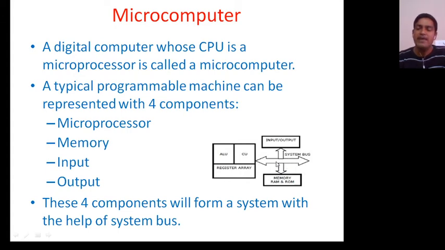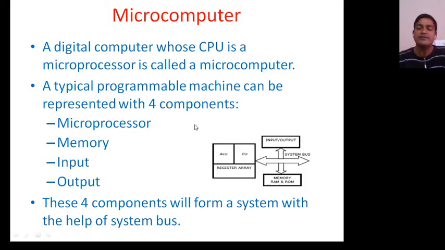So mainly a microcomputer contains a microprocessor, input output devices, and memory. Okay, these four components will form a system with the help of a system bus.